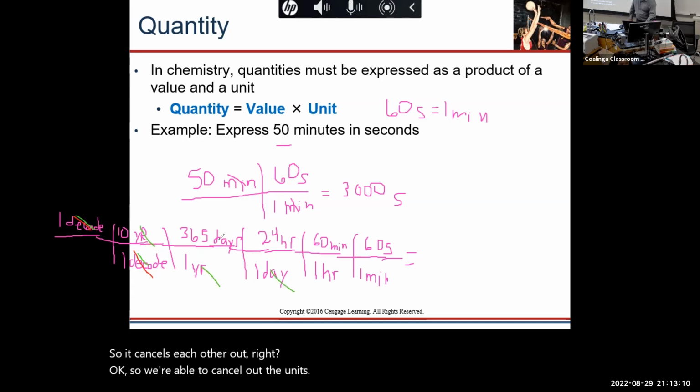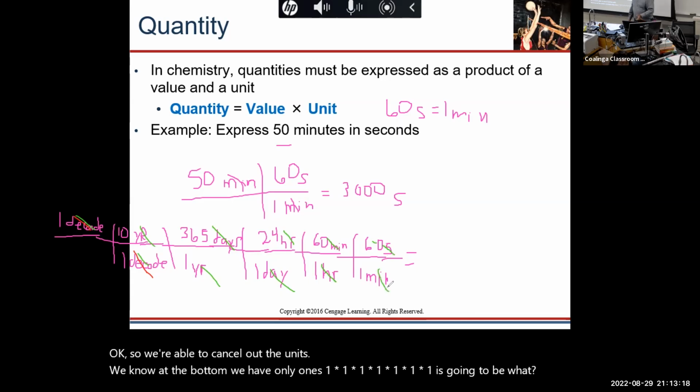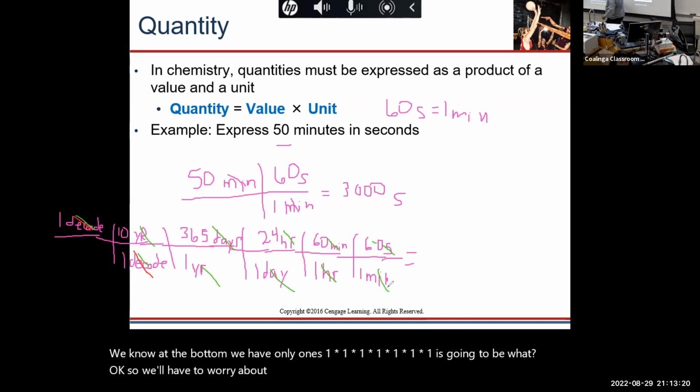We know at the bottom we have only ones. 1 times 1 times 1 times 1 times 1 times 1 times 1 is going to be what? 1. So we don't have to worry about the bottom. All we have to do is multiply the top.